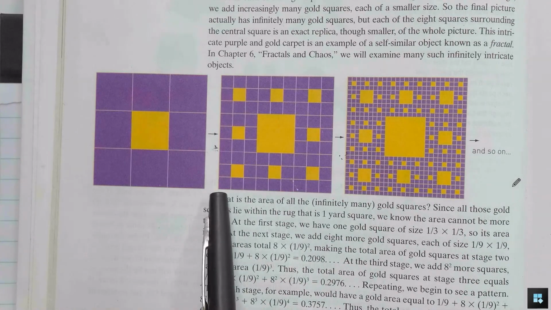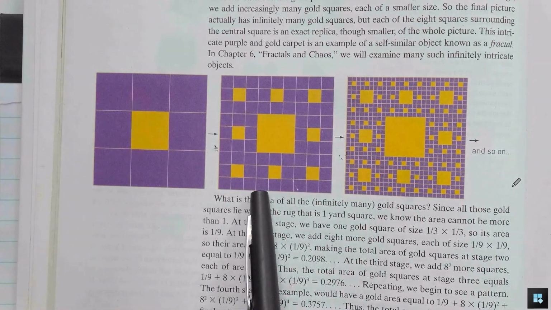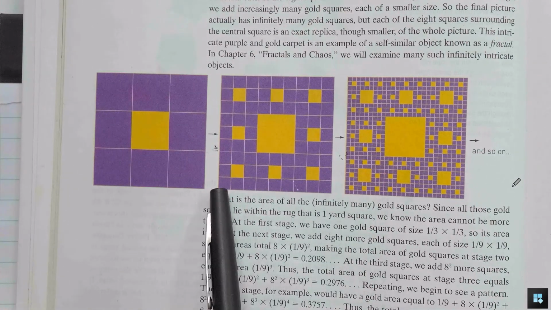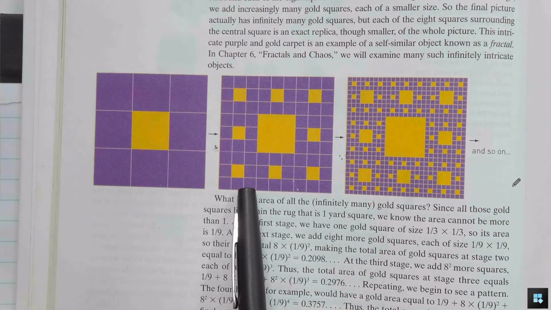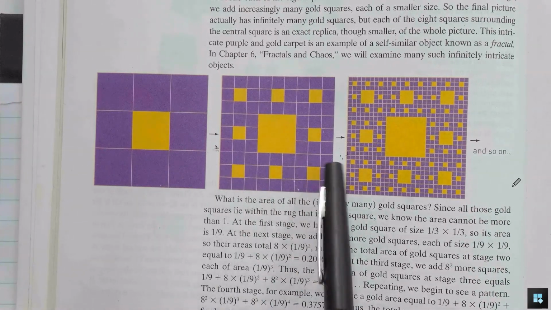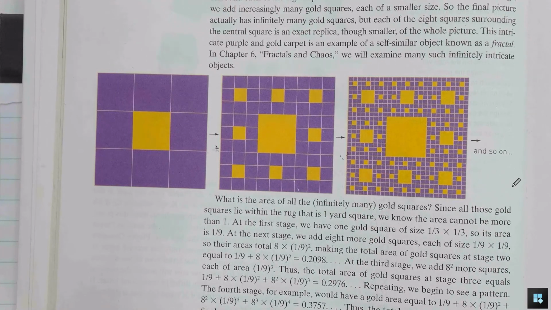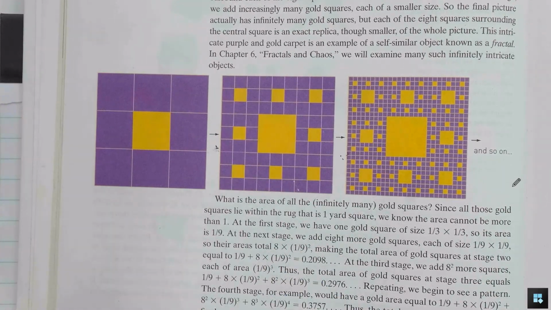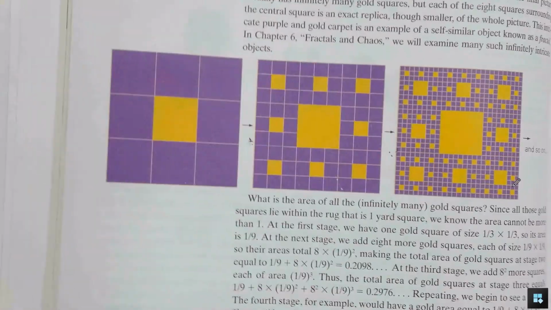So this whole width is 1, 2, 3, 4, 5, 6, 7, 8, 9 squares. And this is 3 squares. So 3 times this 3 squares to get this width. 3 of these wide. Okay? Scaling factor 3, number of copies 8. So let's go ahead and write that down.